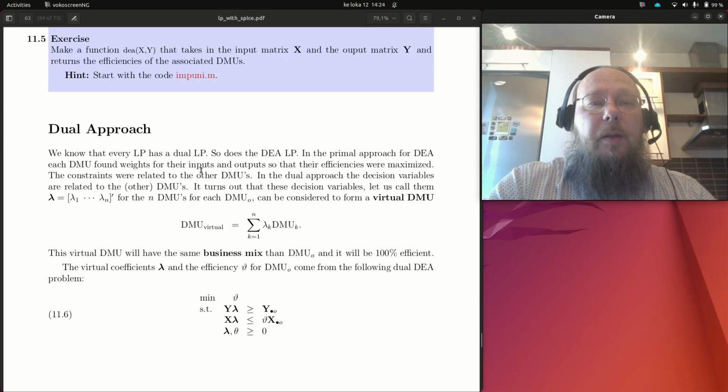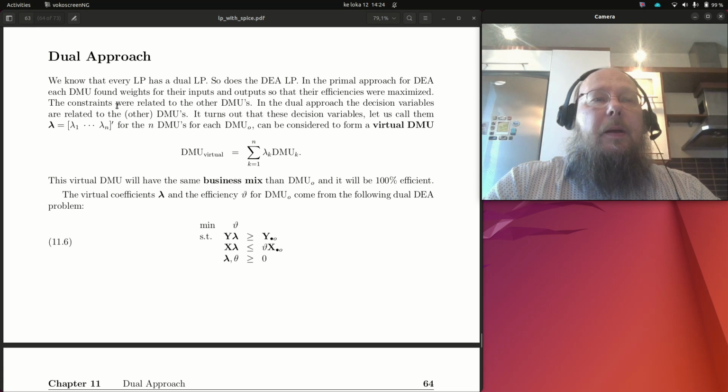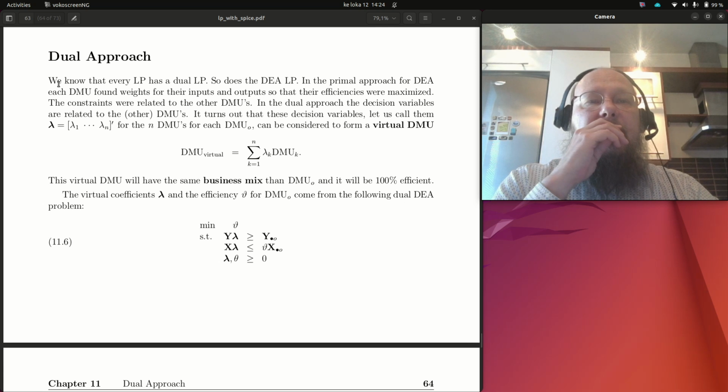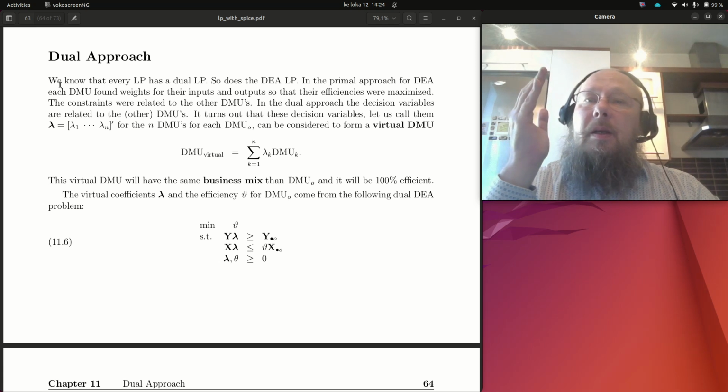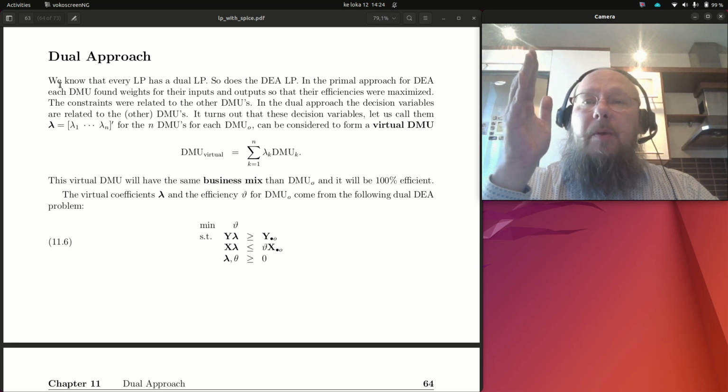So let's go here. It turns out that in the primal approach, the decision variables were the weights associated with inputs and outputs, and the constraints were given by the DMUs. Each DMU gave a constraint that the efficiency calculated for that DMU cannot exceed 100%.